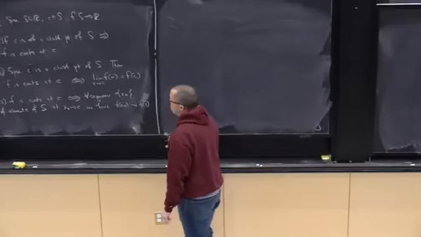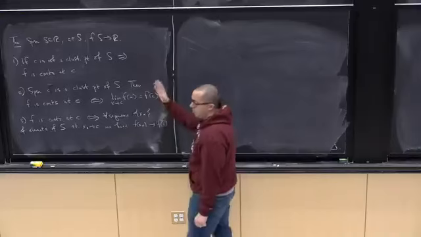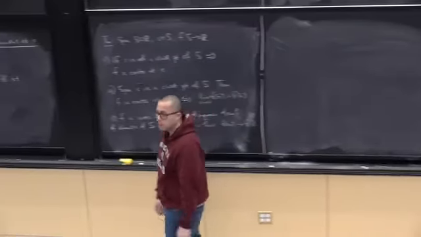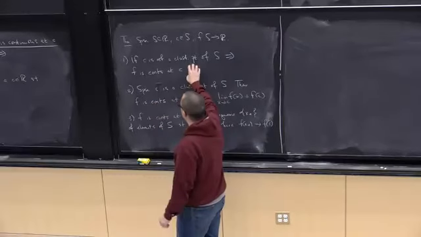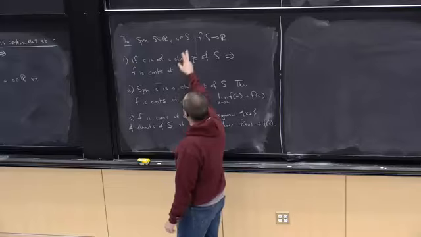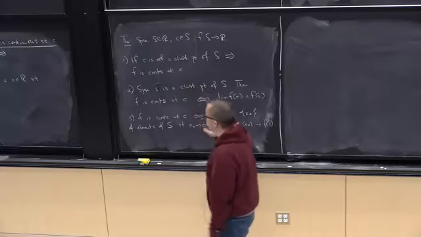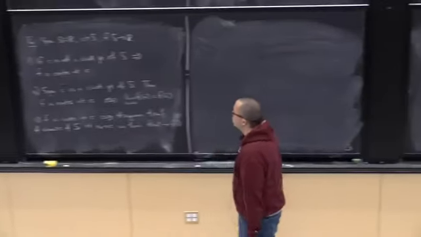So again, if c is not a cluster point of the set, then every function is going to be continuous at that point. This is kind of a silly case to look at.